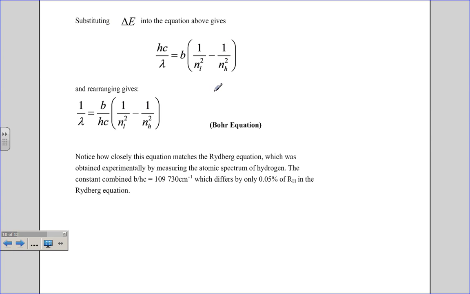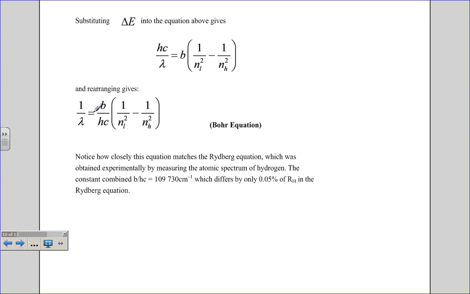In my last step, I'm just combining all of the constants. Hc and B are all constants, so I'm going to move the hc over, dividing it, and I'm left with 1 over lambda is equal to B over hc, times 1 over nl squared minus 1 over nh squared.